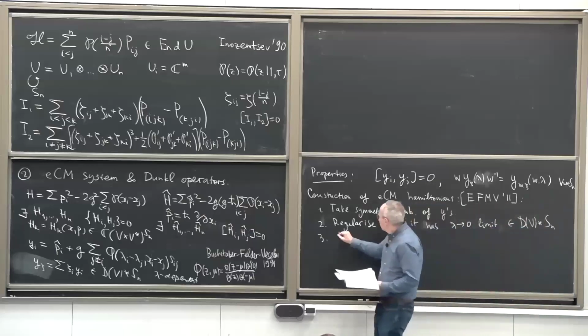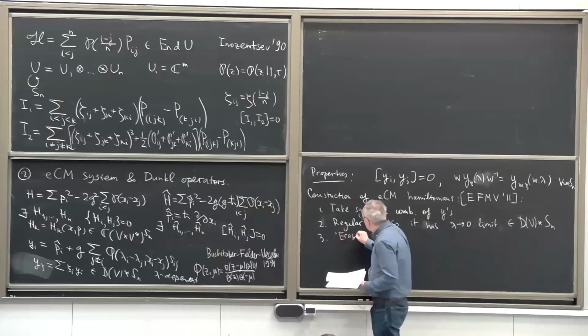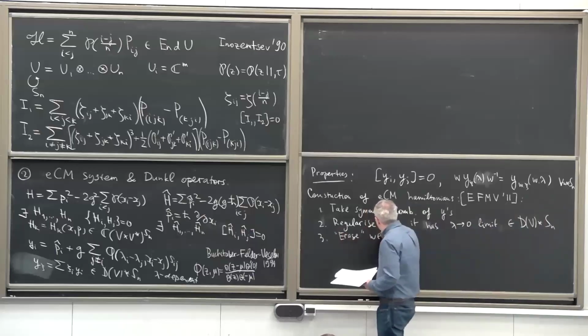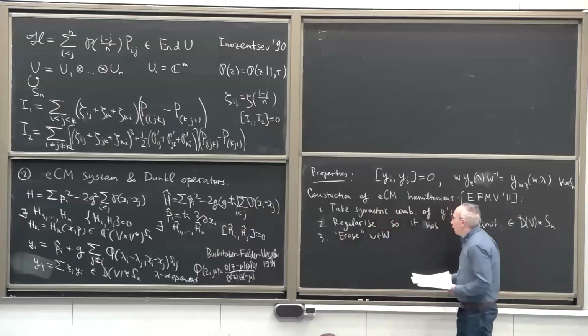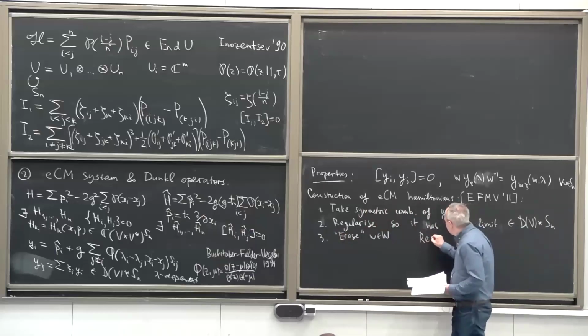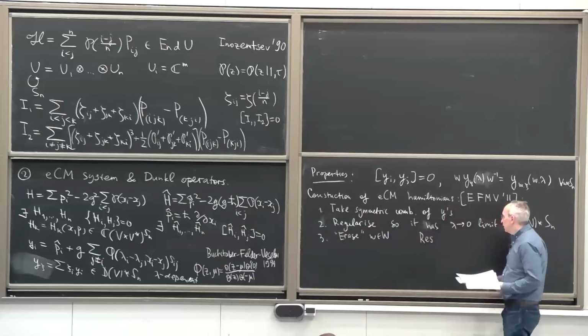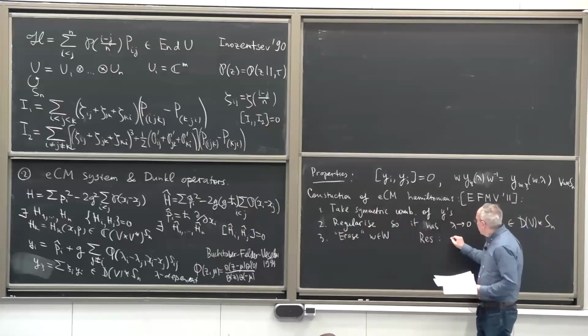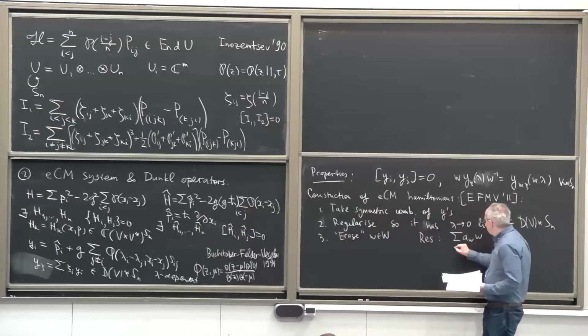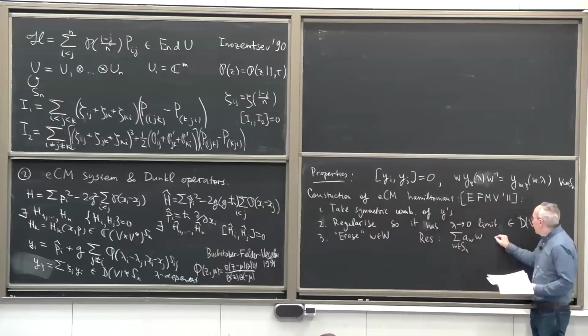So I say erase all the group elements. This usually is done applying the restriction map. If you have something which has group elements appearing there, you just erase them.